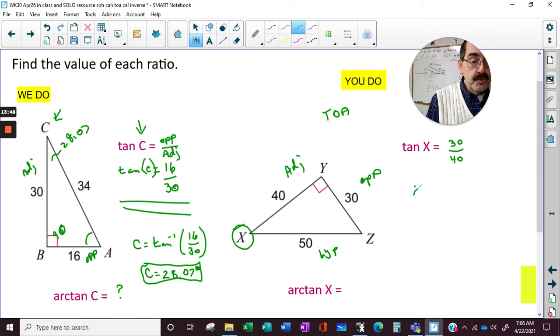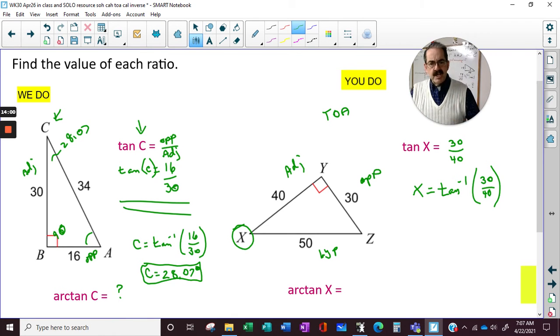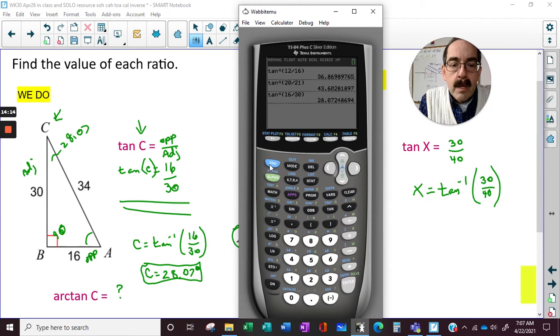Now we have a new tool. X is equal to tan -1, 30 over 40. Again, pause the video, have a discussion. There's lots of ways to write it. Arctangent, tangent -1, the inverse tangent, the undo button. Okay? Grab your calculator.